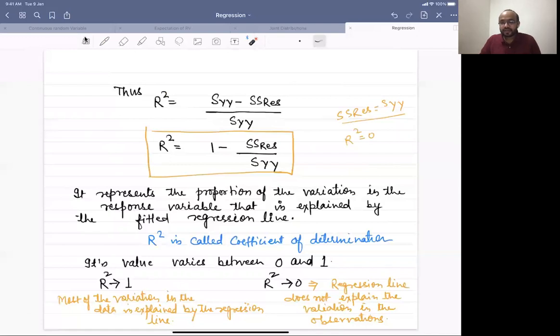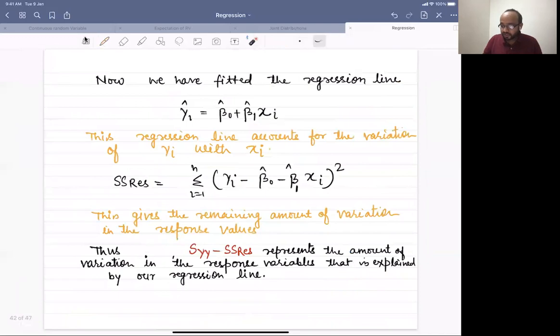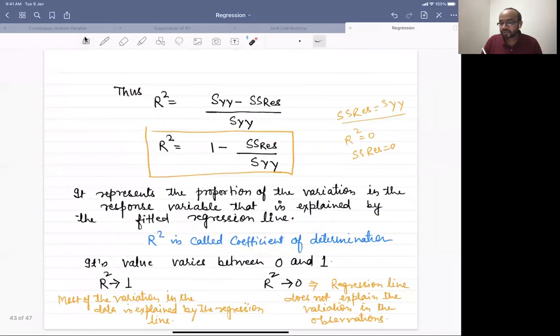That means my regression line is not a good one, so my R square will become 0. And if my sum of squares of residuals is 0, that means my fitted regression line is actually accounting for all the variability there. In that case, R square will be 1.